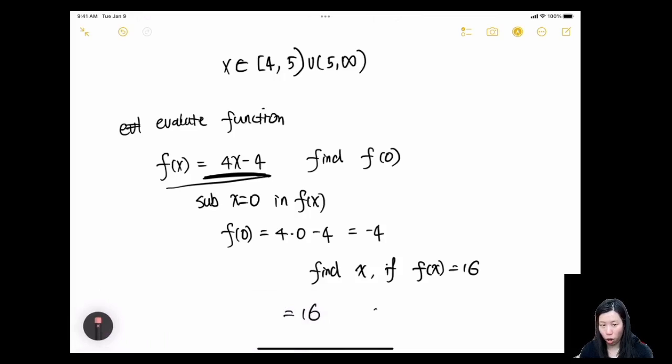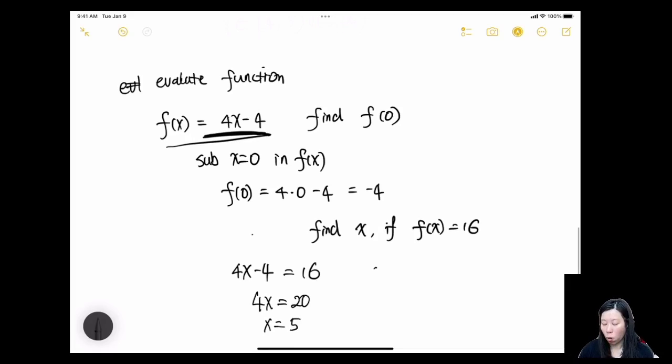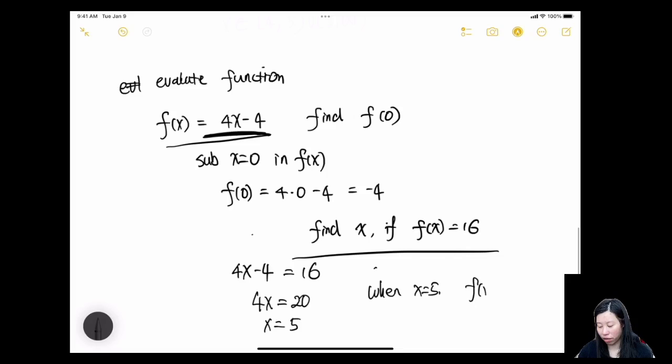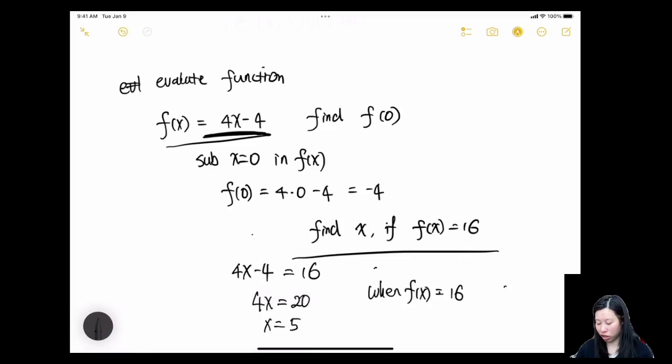So I'm going to replace this part with 4x minus 4 because it equals f(x). And now we solve for x. So 4x equals 20, so x equals 5. So that means when x equals 5, we have f(x) equals 16. Or maybe I should say, when the function f(x) equals 16, we have x equals 5.